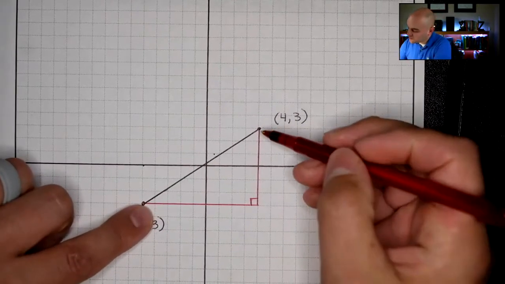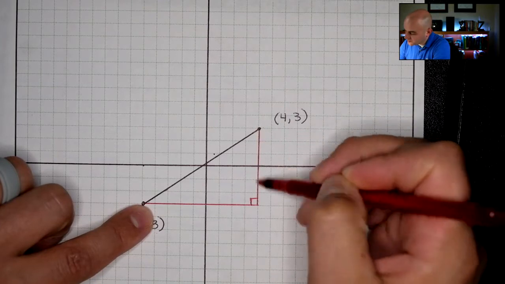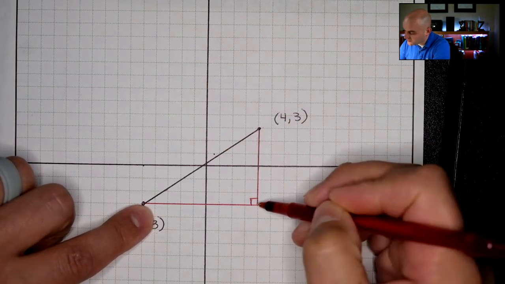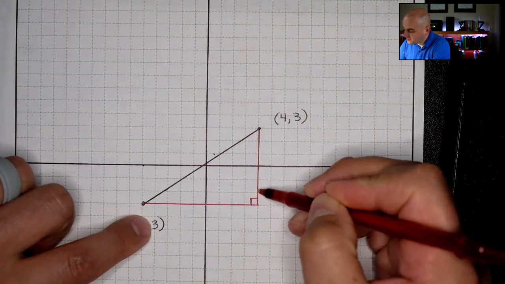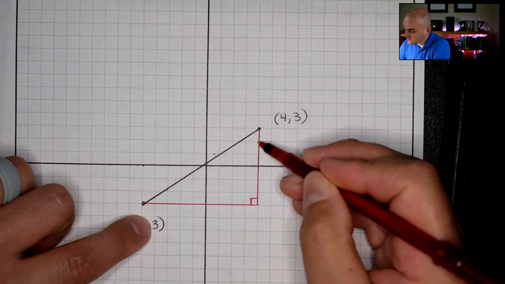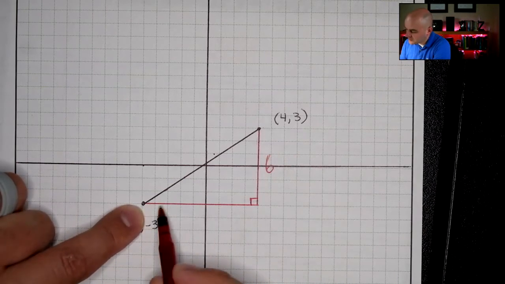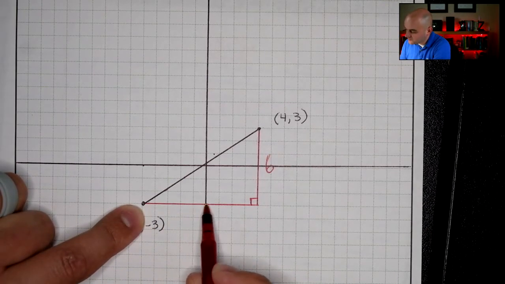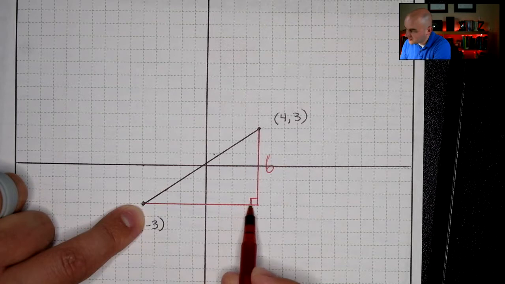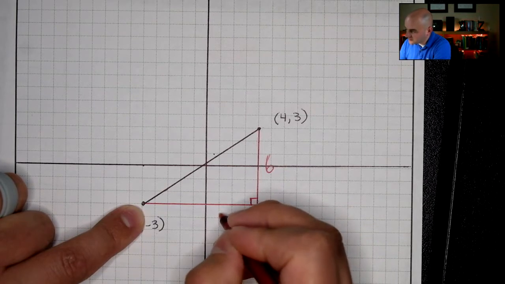So looking at this, we need to know this side. And remember, with it being parallel to the y-axis, we can just count to figure out that side. 1, 2, 3, 4, 5, 6. This side is 6 long. And this side, 1, 2, 3, 4, 5, 6, 7, 8, 9. This side is 9 long.